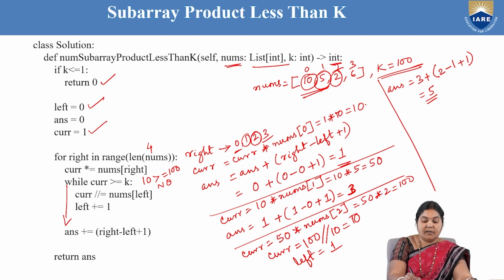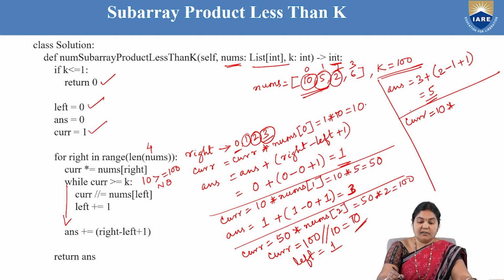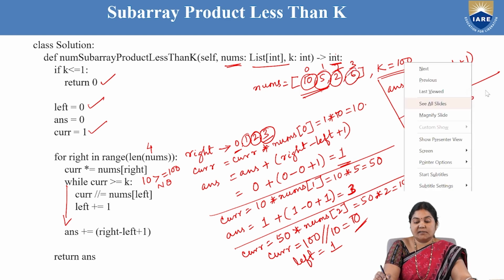Now check, right value is equal to 3. If right is equal to 3, find out the current. So what is my current value? Earlier updated current value 10 into nums of 3, which is 6. So 10 into 6 is 60.